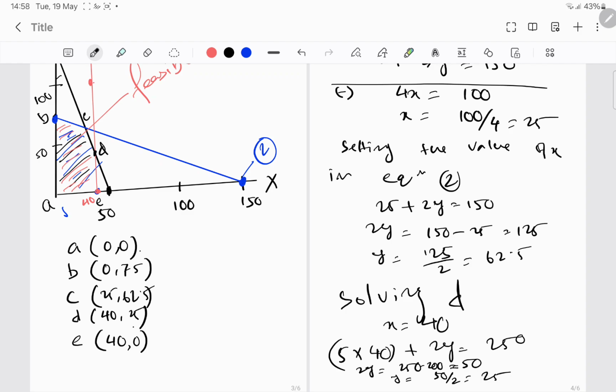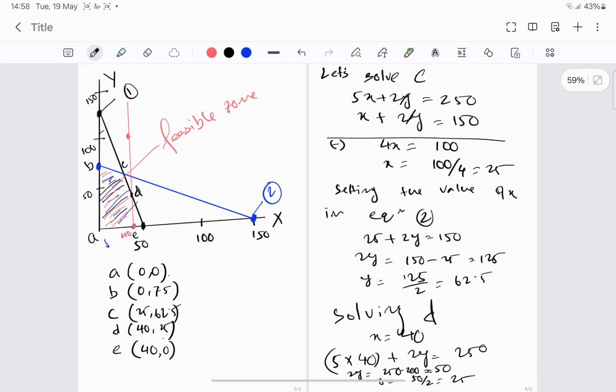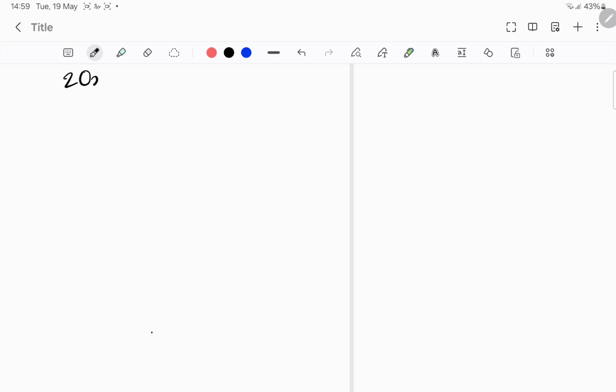Now we need to see which of these points gives us maximum revenue. To know that, we have to make another table, and before making the table, we will write our objective function, that is 20x plus 30y. We are maximizing this.